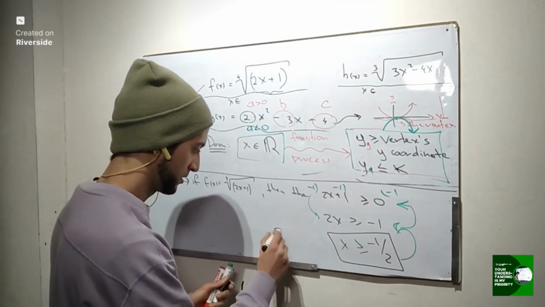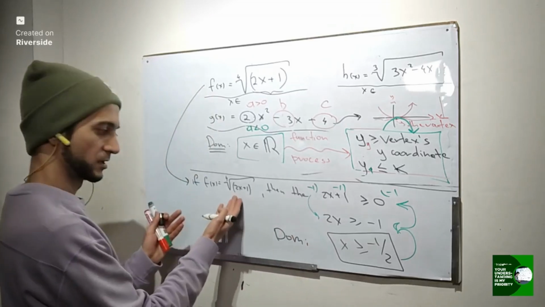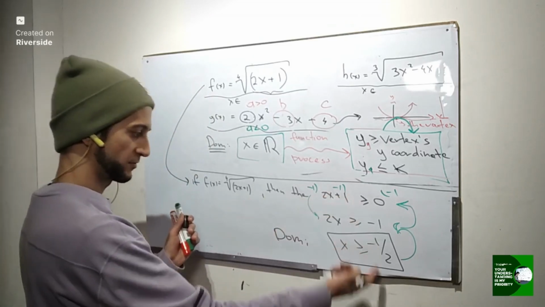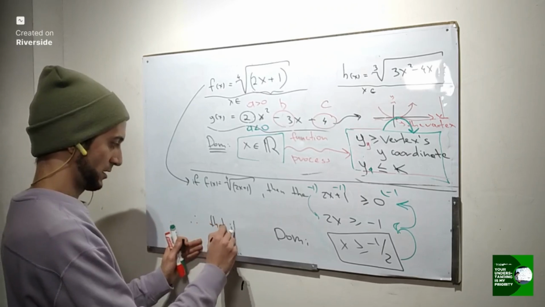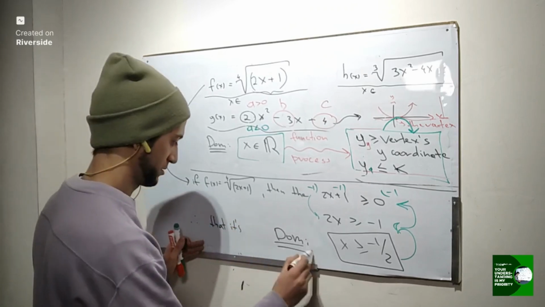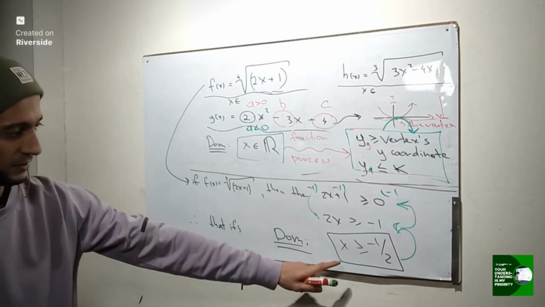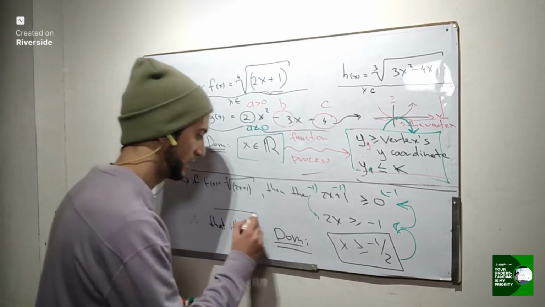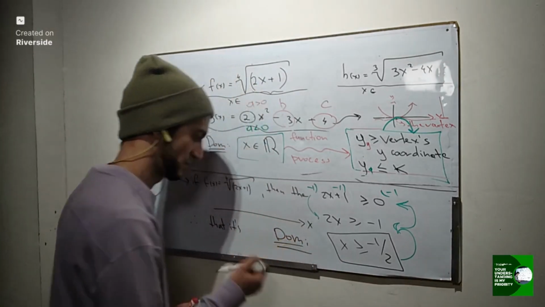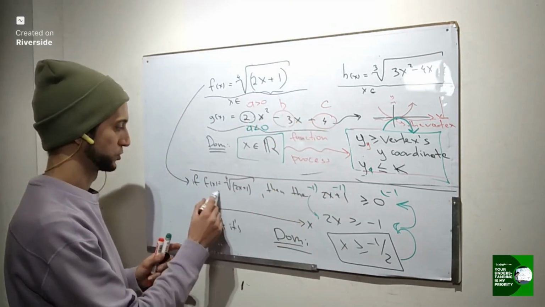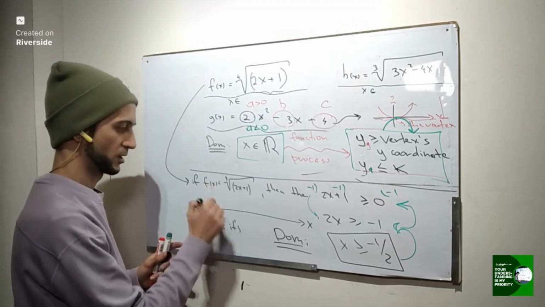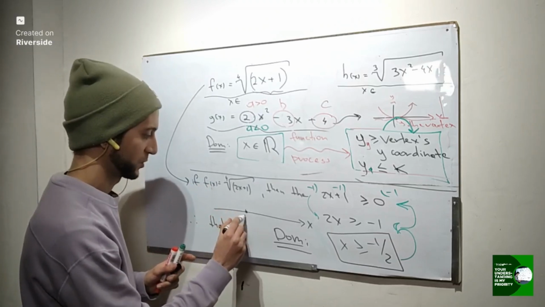This is the domain for this guy. So now this is the portion of input reality, horizontally depicted as an x-axis, which you can use to work with this function. It must be minus 1 over 2.